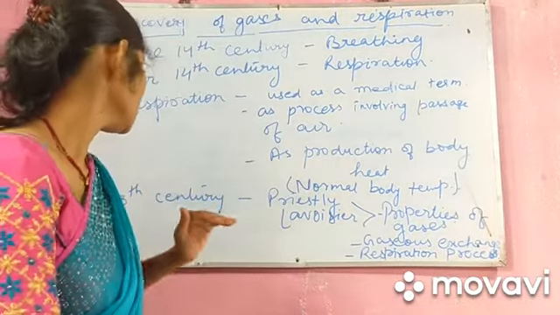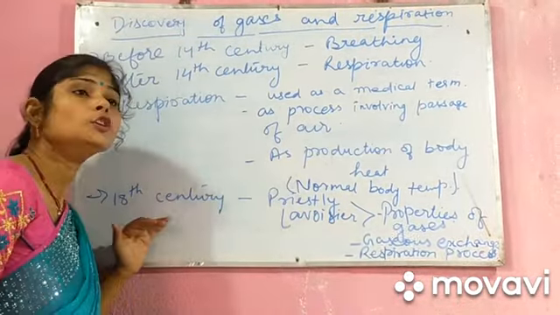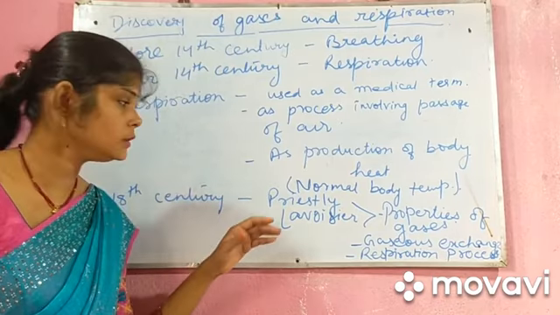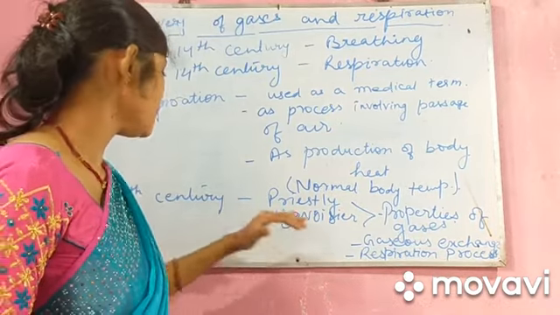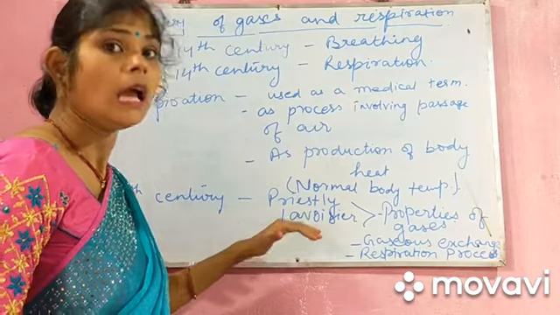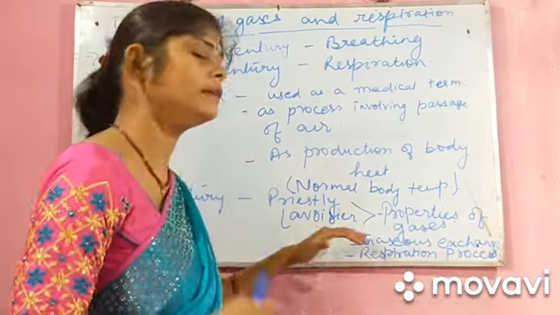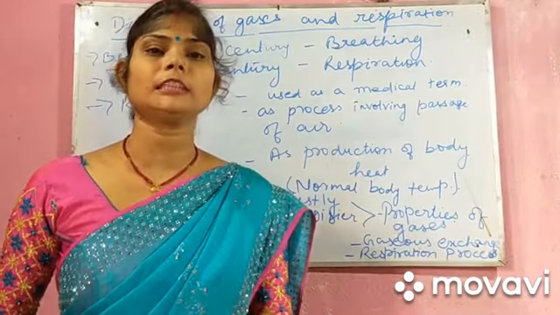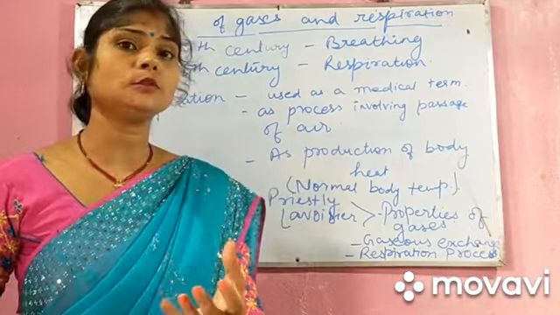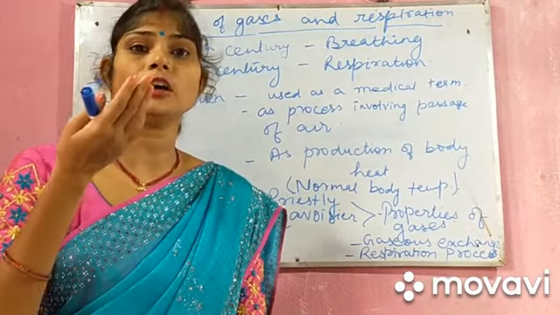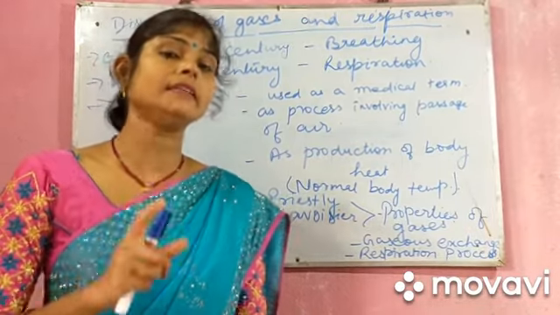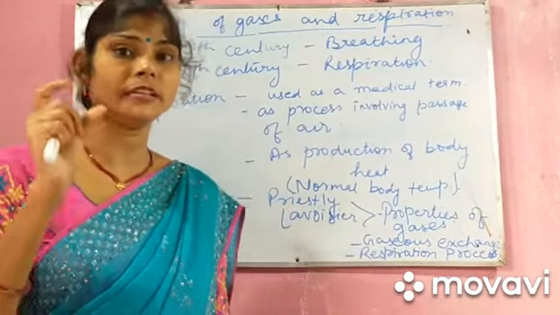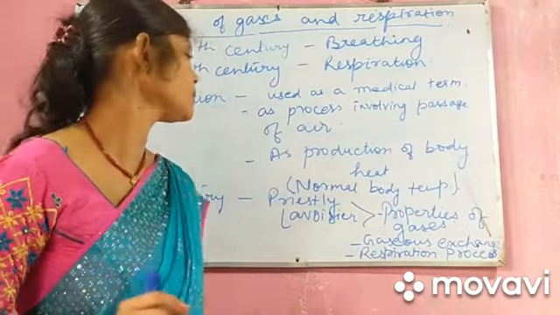But later on, in the 18th century, two scientists came forward, Priestley and Lavoisier, and they said that they have done several experiments. They have done many experiments on leaves to see whether oxygen is releasing out or not. It is given in your activity section in your book. Please read it and write it in your notebook.